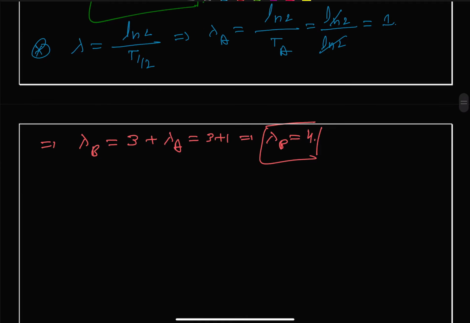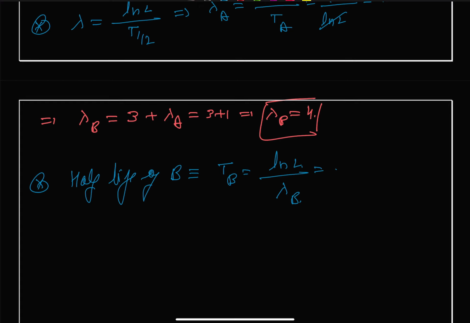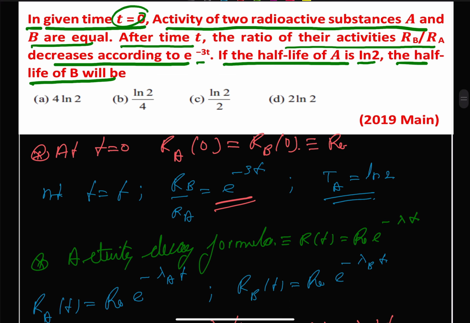And we need to find out the half-life of B. So we can say that our half-life of B, that is T_B, will be equal to natural log of 2 divided by lambda B, and this comes as natural log of 2 divided by 4. So half-life of B is natural log of 2 divided by 4. Option B is correct.